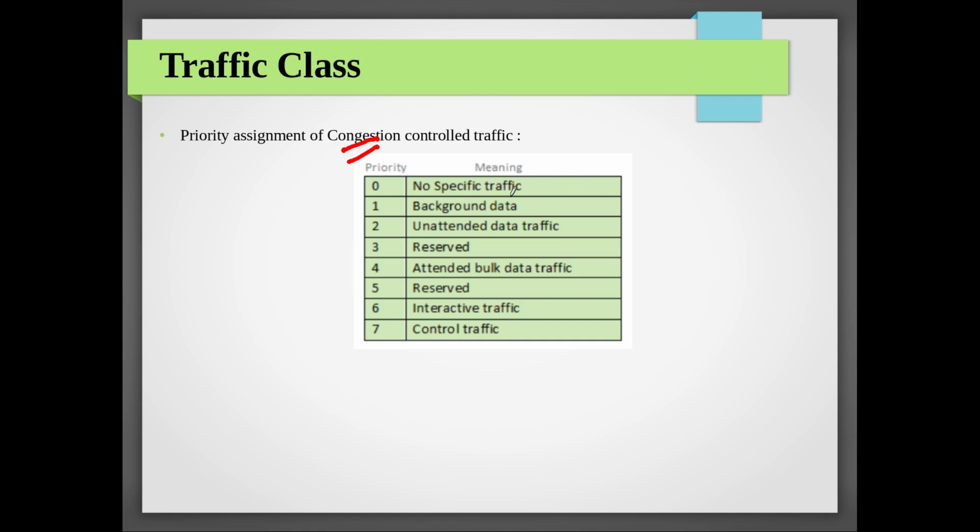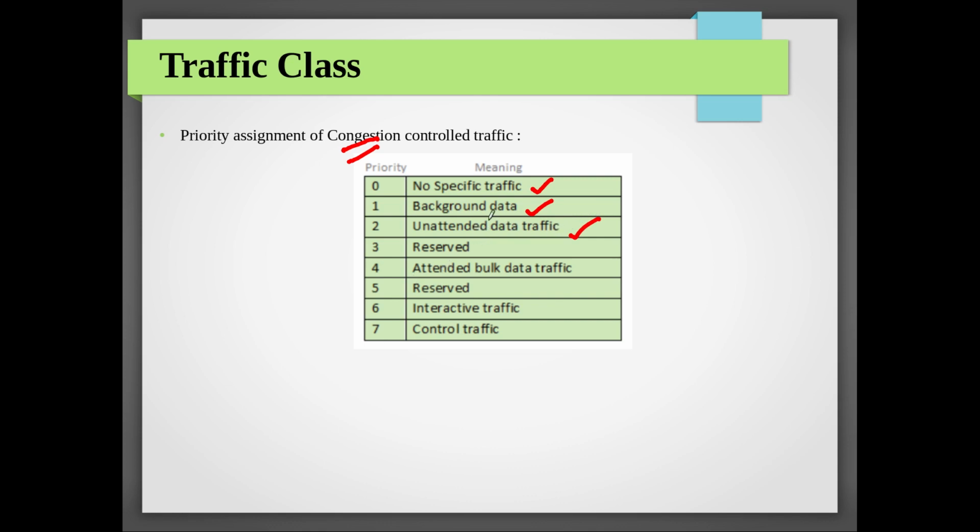I am just listing them out. The 0 is for no specific traffic, and 1 is something that is running in the background. Whenever a client and a server or two processes are communicating, those which are running in the background, not in the foreground, are given the next priority class. Now priority 2 is for unattended data traffic.